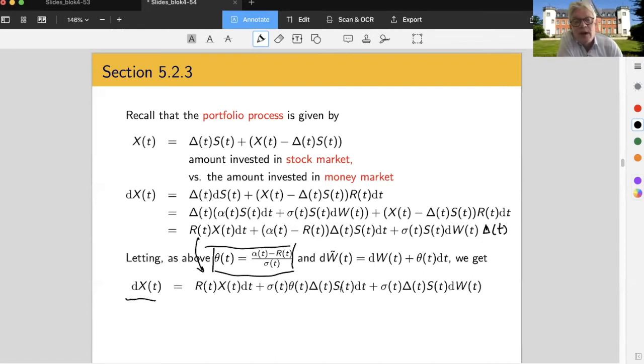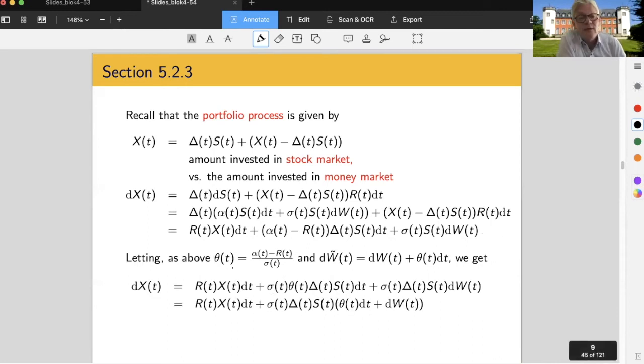Now with these last two parts, we can take out sigma, we can take out Delta, and we can take out S. When we take that out of the brackets, we see that we have dW tilde_t remaining. So we can rewrite that, copy the first part, and then this is nothing but sigma_t Delta_t S_t times Theta_t dt plus dW_t, and that can be written as dW tilde_t.